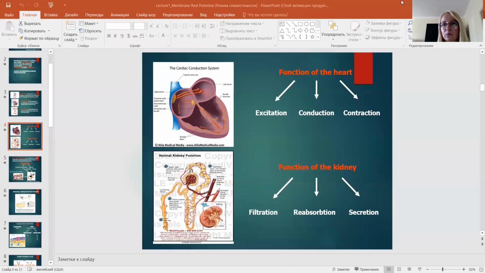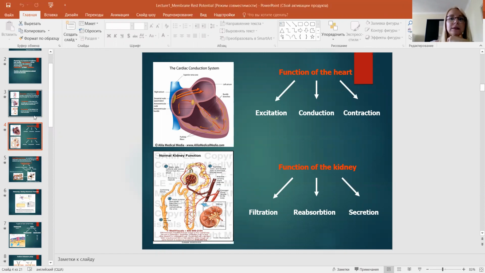All these three processes, as a result, lead to the formation of the secondary urine. And all these examples show us that a function is achieved by interaction of various underlying processes.